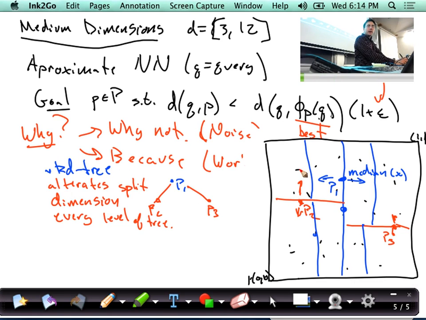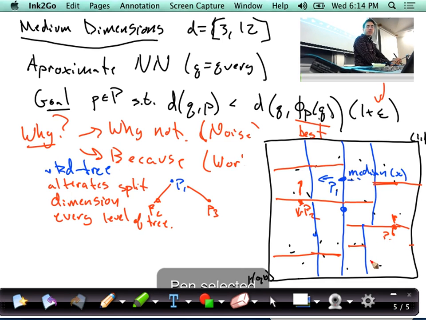I split in these different directions at this level, and then split again through here, and in this way through here, and so forth. You keep doing this until there's only one node in every leaf.